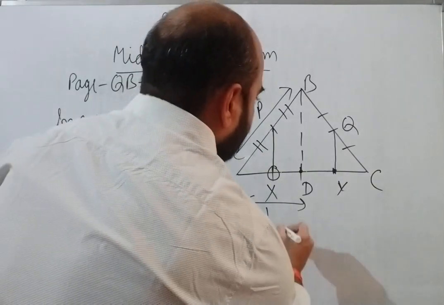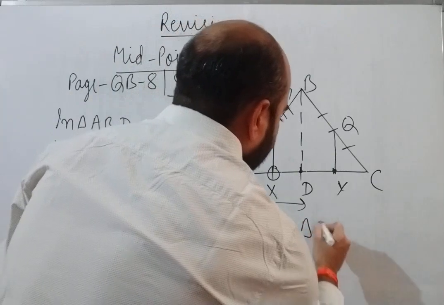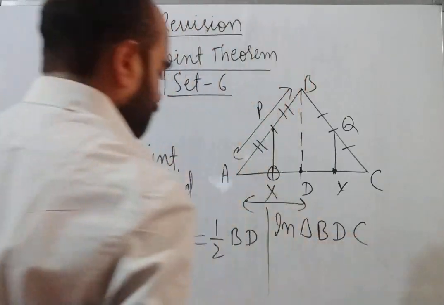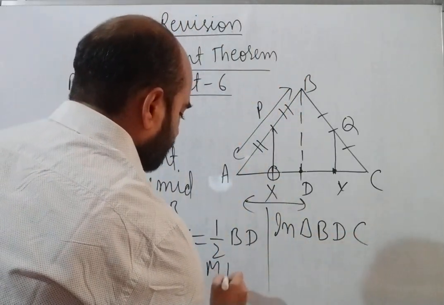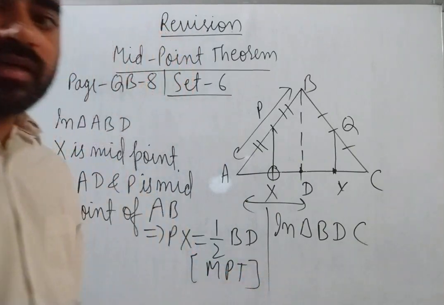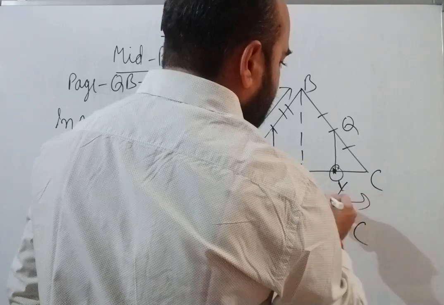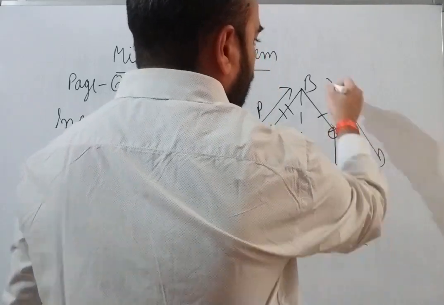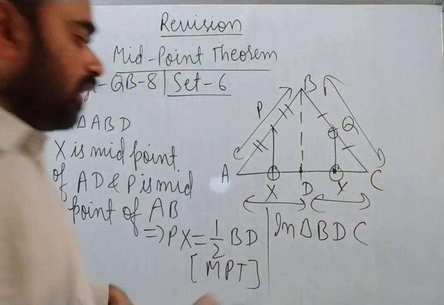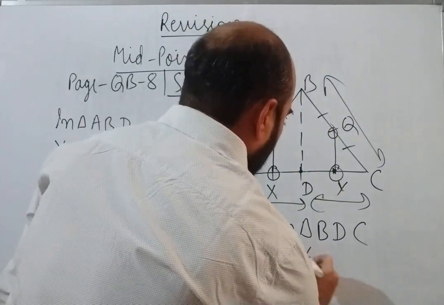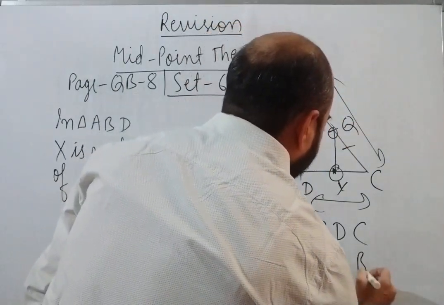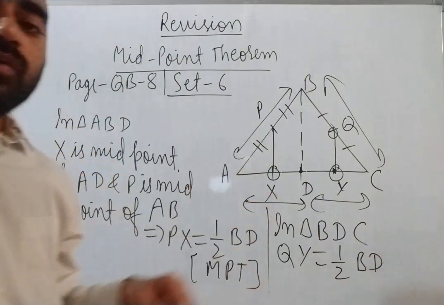Similarly, we can apply midpoint theorem in triangle BDC also. In triangle BDC also, Y is midpoint of DC and Q is midpoint of BC. It means QY will be equal to half of BD and QY will be parallel to BD.